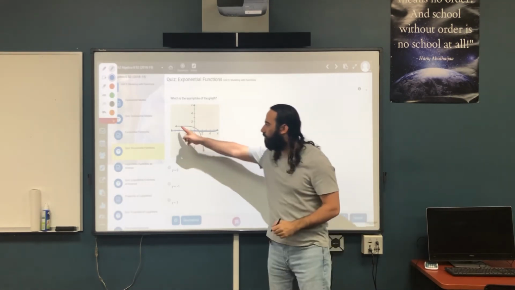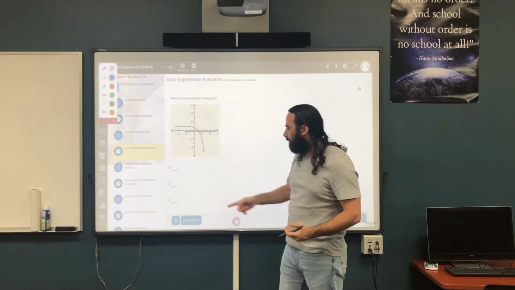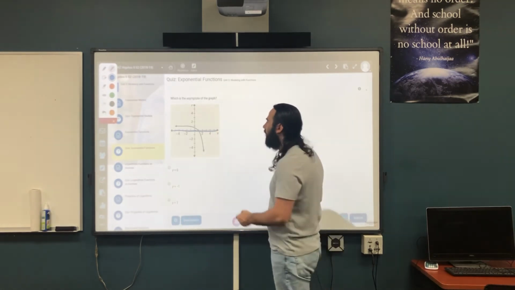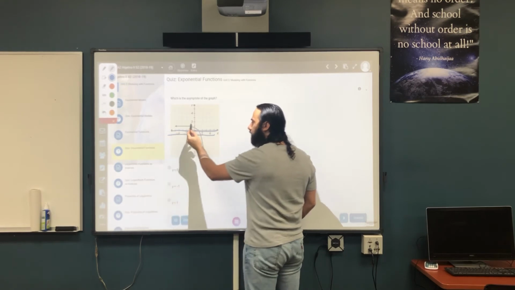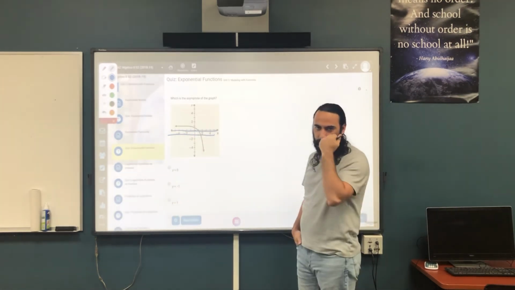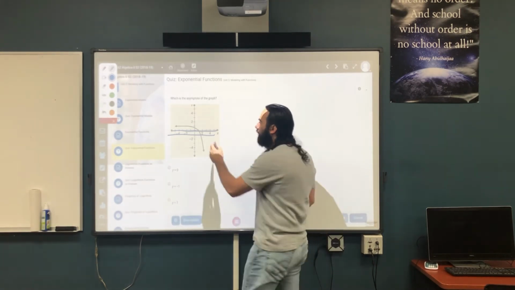As you can see, the graph crosses this line, so it's not an asymptote. If we go to y equals negative 1, it is here. The graph also crosses this line, so it's not an answer. Y equals 1 is here.